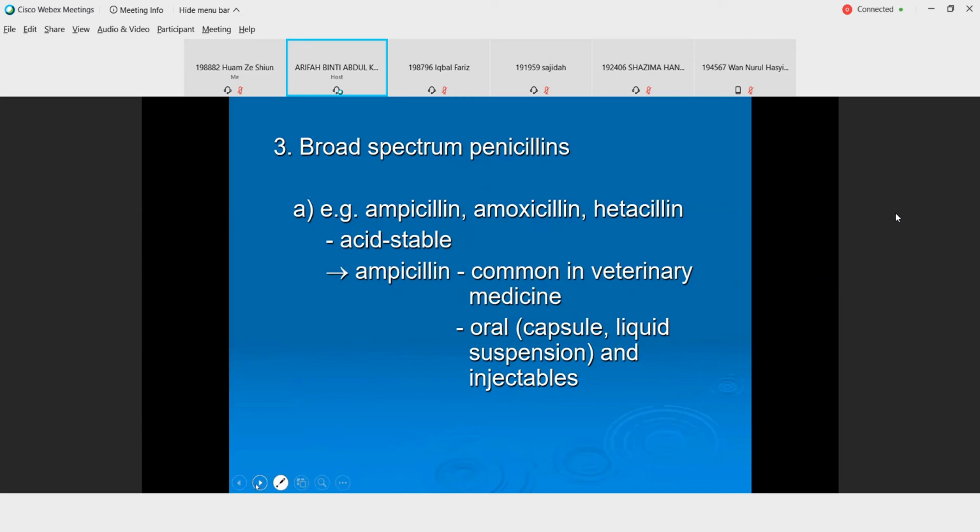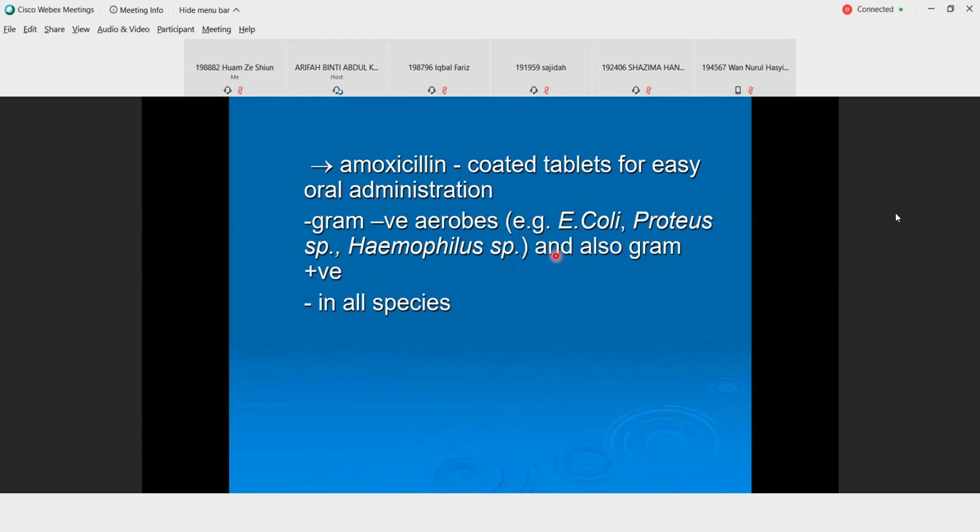The later drug after ampicillin would be amoxicillin. Betamox is amoxicillin, and usually it has a special coating for easy oral administration. When I say broad spectrum, they are effective against gram-positive and gram-negative aerobes such as E. coli, Proteus, and Haemophilus species.